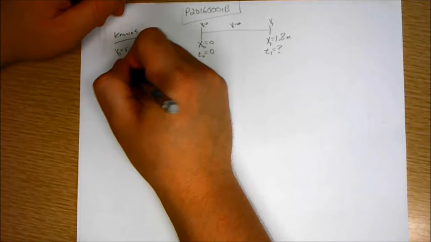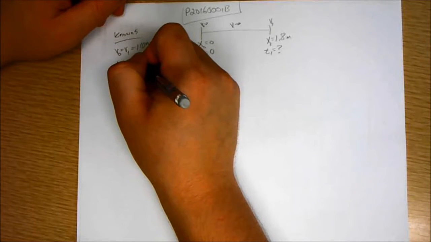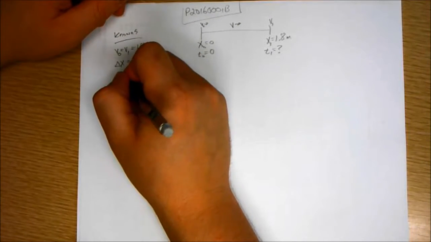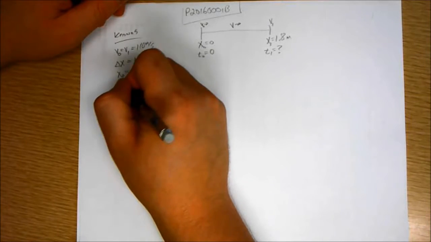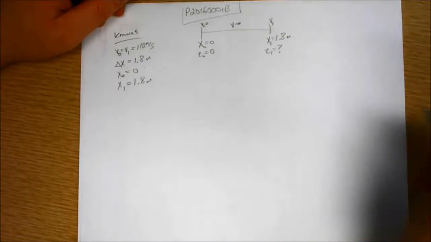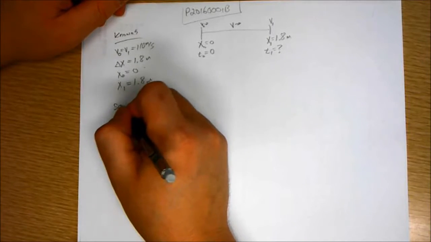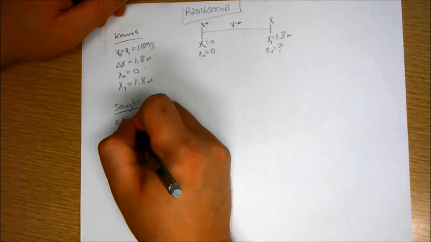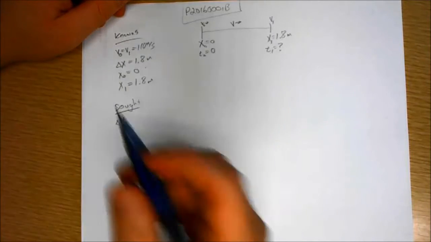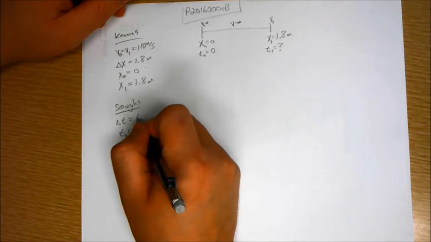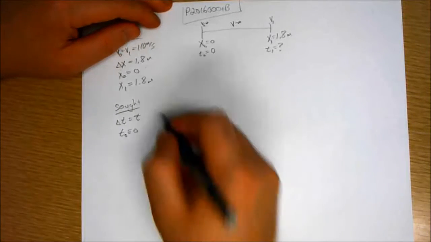The delta x is going to equal 1.8 meters, or written another way, you can say x0 equals 0 and x1 equals 1.8 meters. What we're looking for is delta t, and if we set t0 equal to 0, then delta t is just equal to t, or t1, excuse me. I label it t1 here.